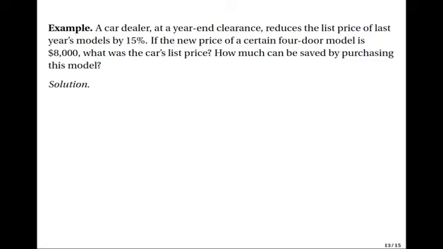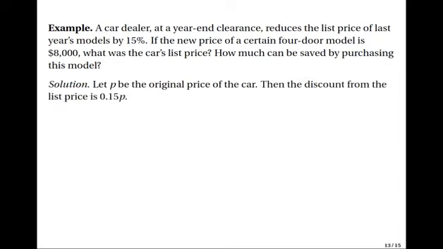Okay? So let's start with our problems. What was the list price? What was the price of the car from last year? And how much can be saved? So we can let P be the list price. Let P be the price of the car from last year. Okay?